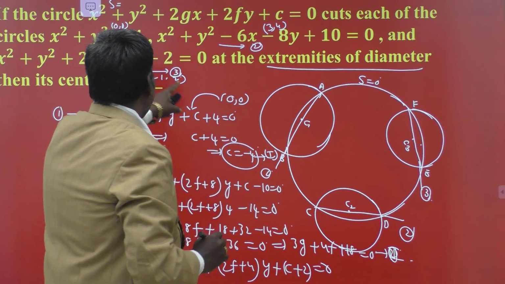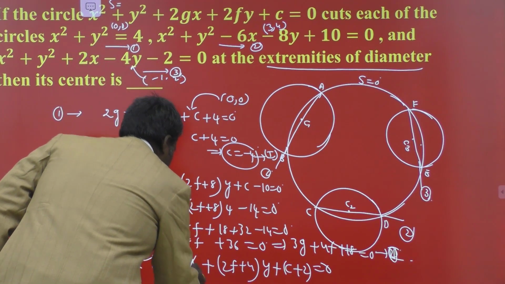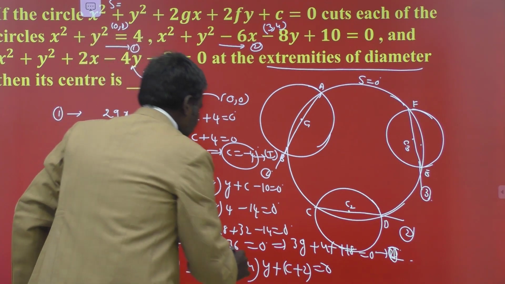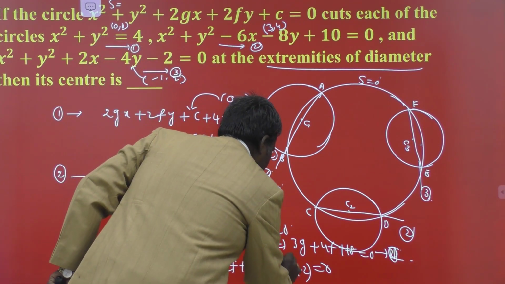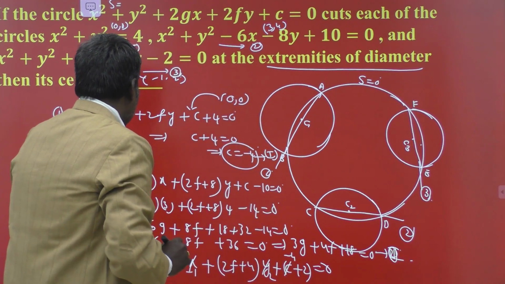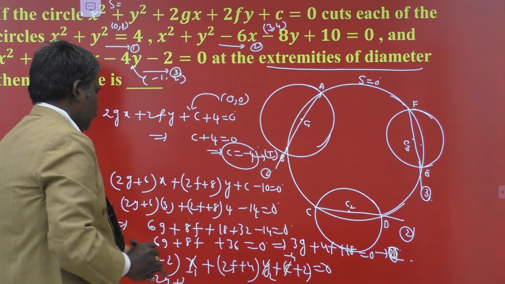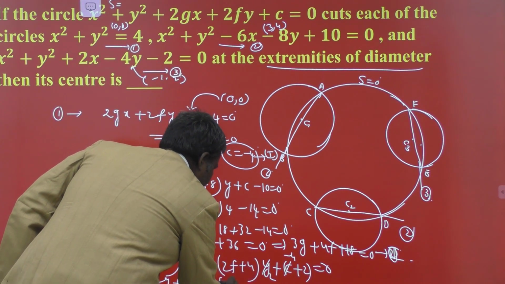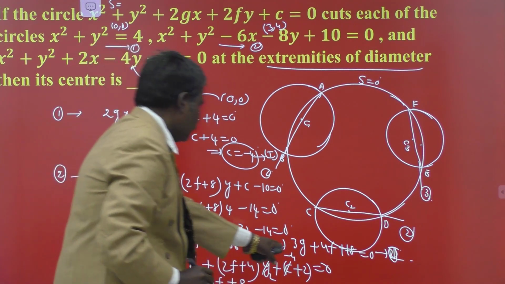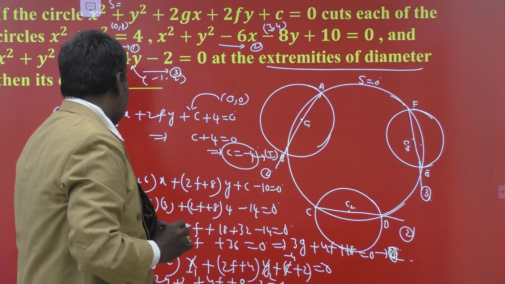You have to substitute minus 1, 2 here. Replace x by minus 1 and y by 2, and you have c is equal to what? Minus 4. On simplifying, what we get? Minus 2g plus 2, next, plus 4f plus 8, minus 2, minus 2, this is equal to 0.